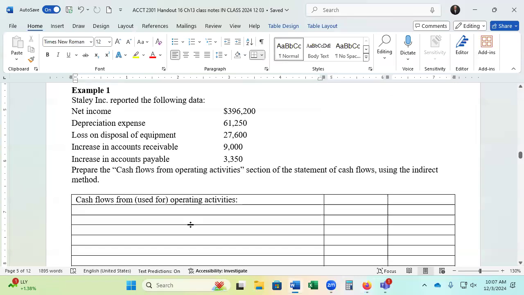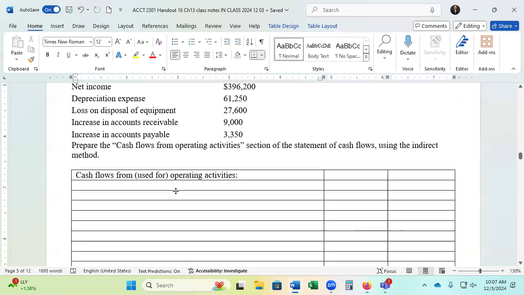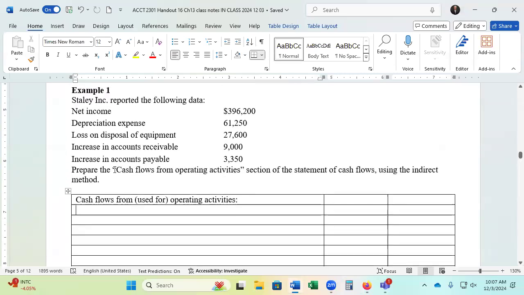Let's take a look at example 1. We have cash flows used from operating activities, and we want to prepare the operating activities section of the statement of cash flows. How we would do this is we'd start with net income.